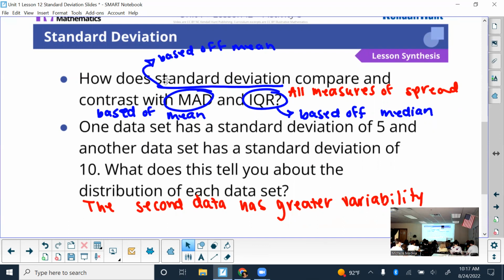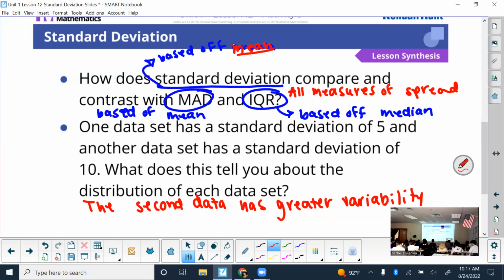All right, so you're probably wondering, why do we care? Why do we have all these different measures of spread? We use them in different instances, just like how sometimes we use the mean over the median based on how the data is shaped. Sometimes some of them are better to use. So for this one, we're saying that the standard deviation is based off of the mean. Because if you remember, in that formula, it does minus the mean at some point.